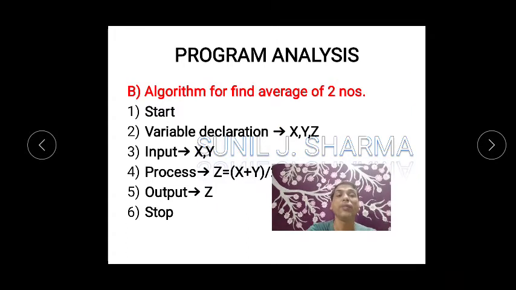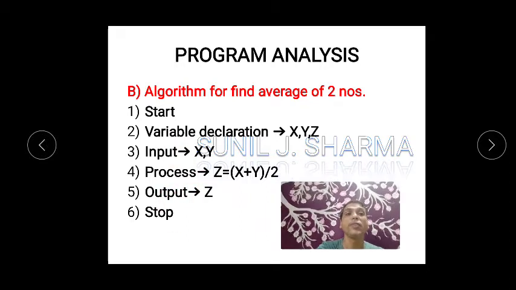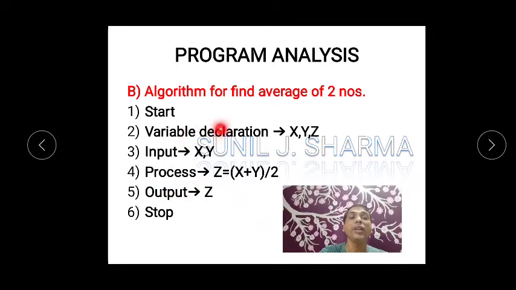Then we have an algorithm to find the average of two numbers. The same steps, can you see: start, variable declaration, input, process, output, and stop. I have changed the variables because variables cannot be fixed. In the previous case we took A, B, C; this time I have taken X, Y, Z. It's not compulsory to write everything in capitals, you can also write in small.